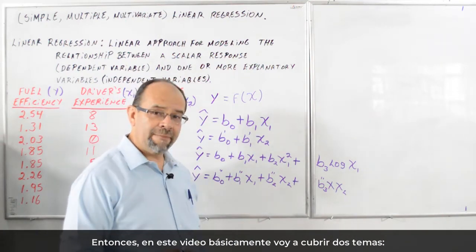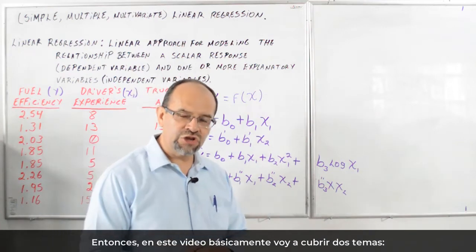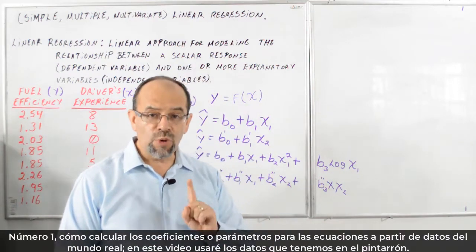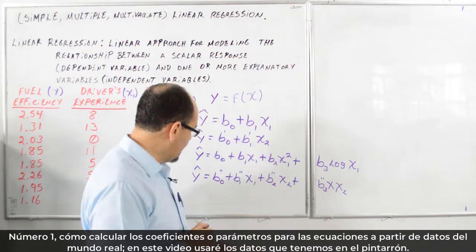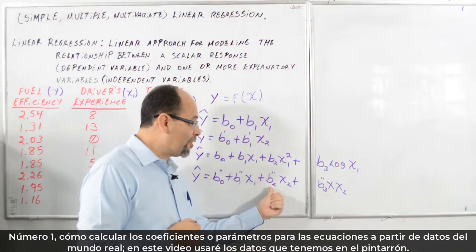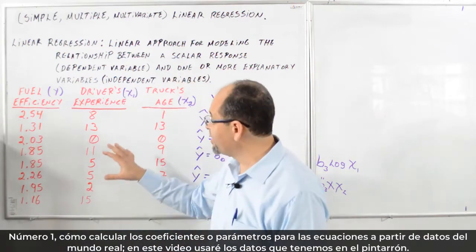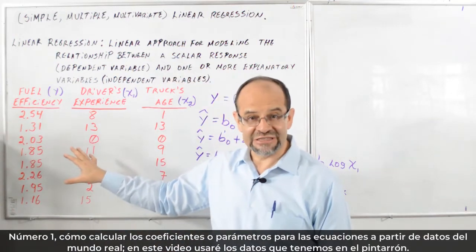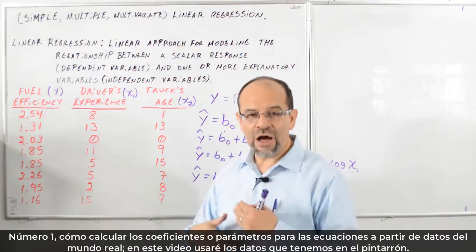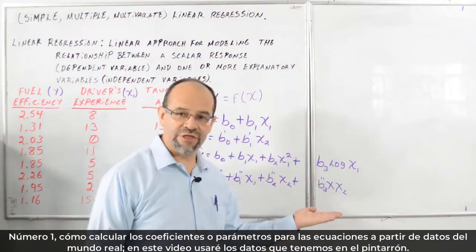So, basically in this video, I'm going to cover two things. Number one, how to obtain these coefficients or parameters for the equations from data. I will be using this example, and from the data I will be obtaining the coefficients for the model.